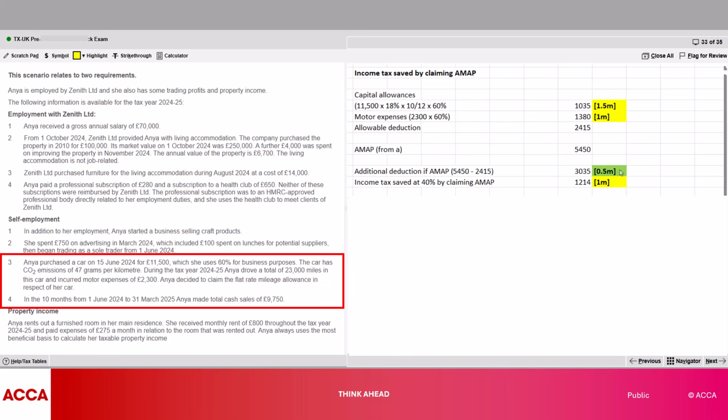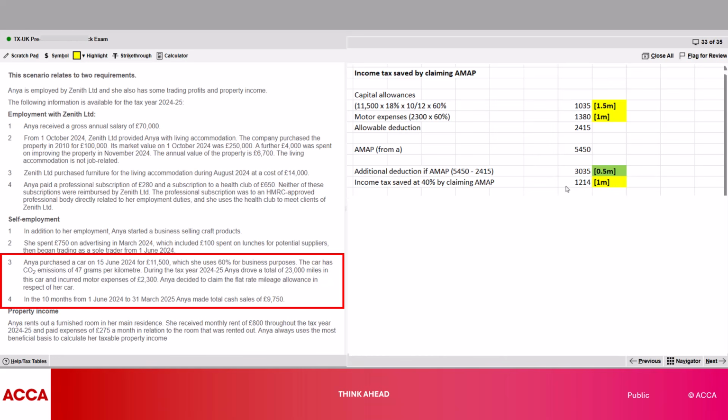And because we calculated that her taxable income in Part A was, I think, 69,000 and something, that took her into the higher rate tax band, that means that the extra deduction has reduced income that would have been taxed at 40%. So not quite so obvious, the higher skills mark, but the income tax saving, we just multiply.